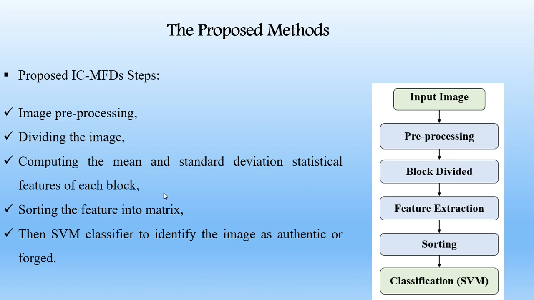After that, to increase the speed of matching the blocks, we use sorting of these features. Finally, the sorted final feature vector is fed to an SVM classifier to identify whether the image is original or forged.